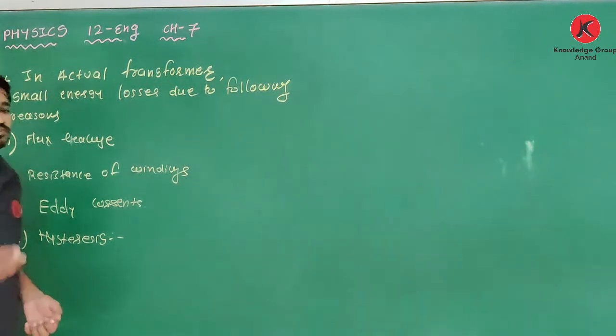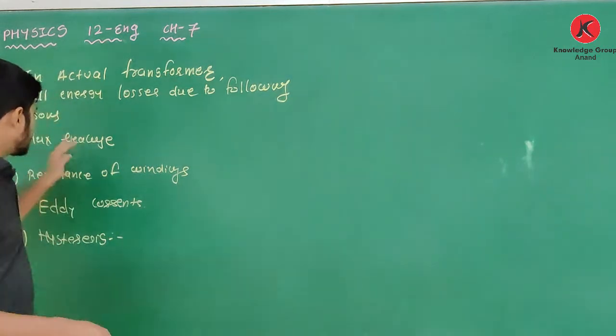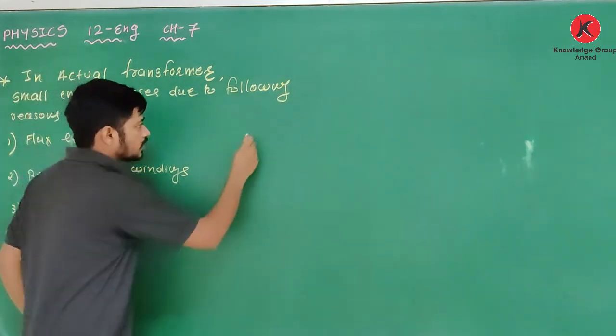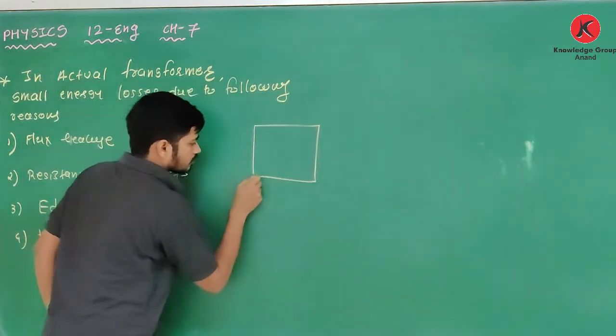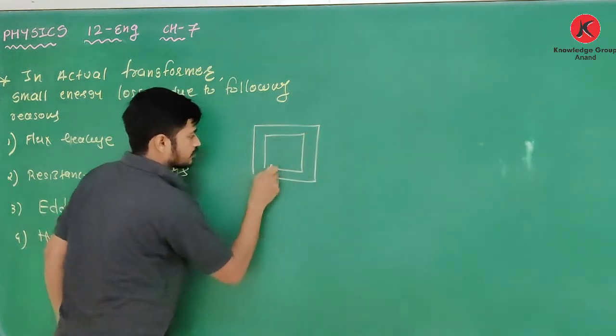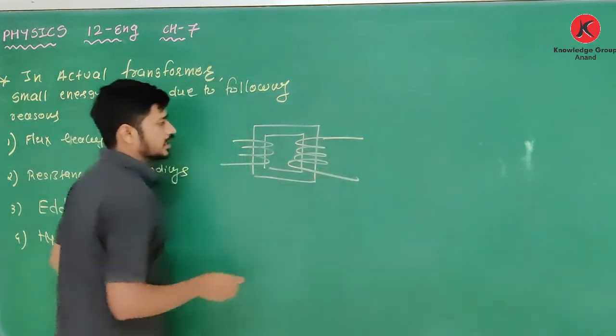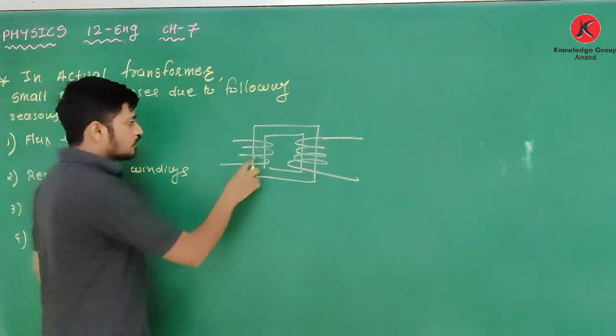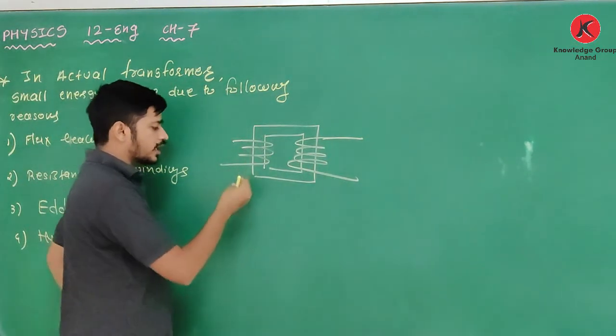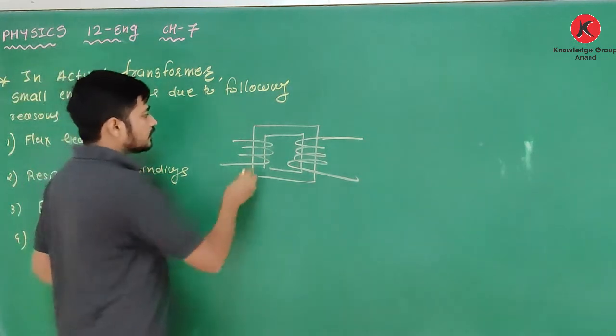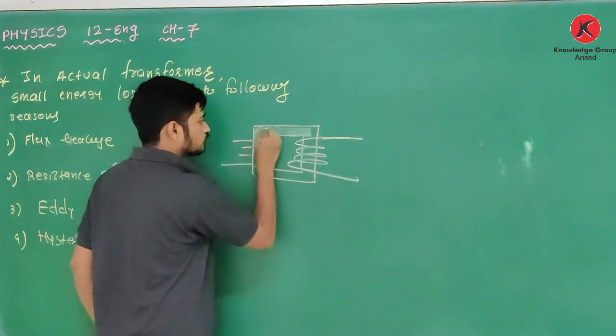First, flux leakage. What is flux leakage? We have a primary coil and a secondary coil. The flux produced in the primary coil is linked with the secondary coil through this core.